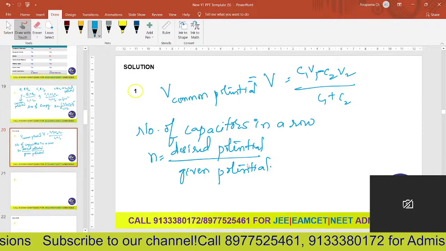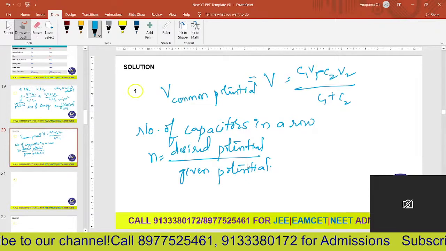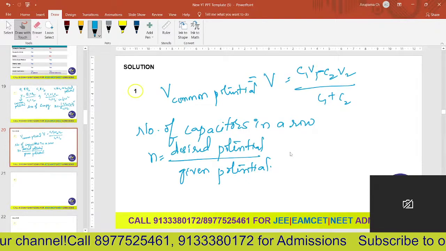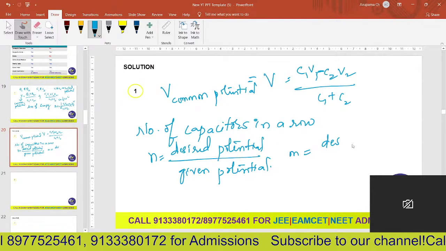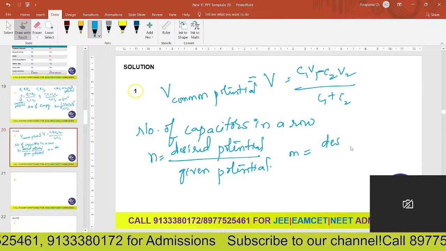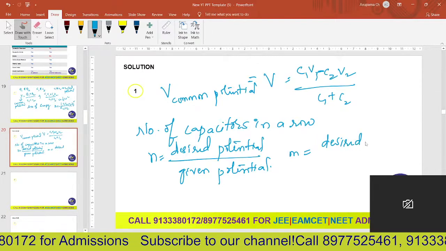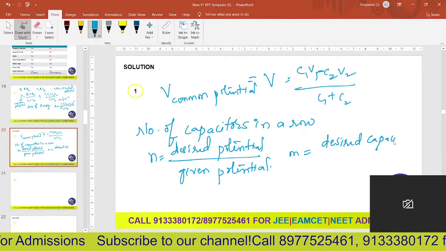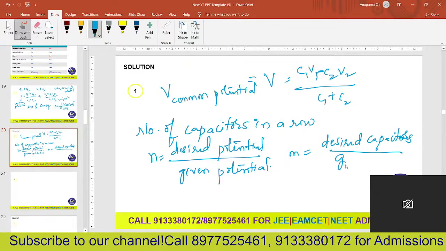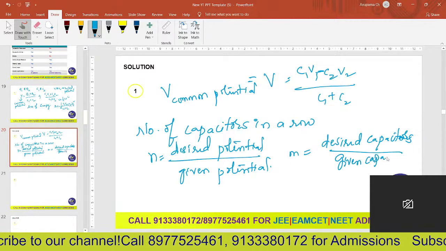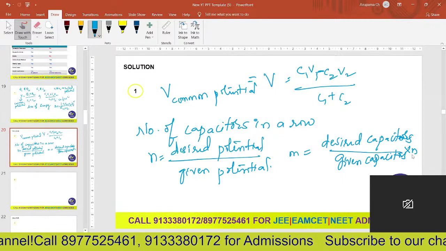If there are M number of rows, then M is equal to desired capacitance by given capacitance into N.